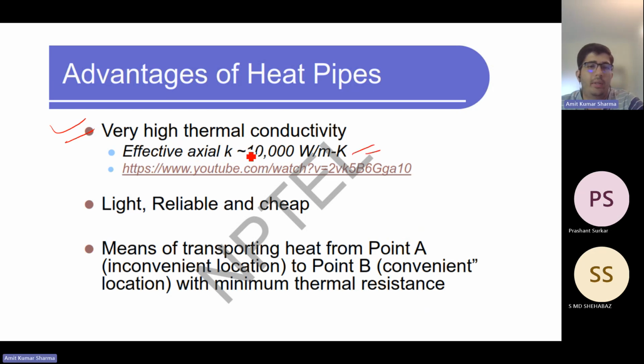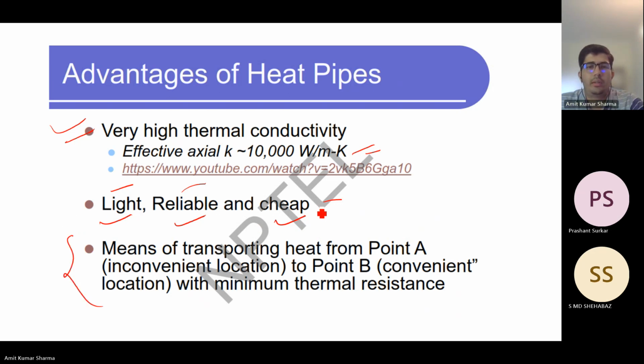They are light, reliable, and cheap. They're very cheap, very reliable, and very lightweight. They are a means of transporting heat from point A, an inconvenient location, to point B, a convenient location, with minimum thermal resistance.